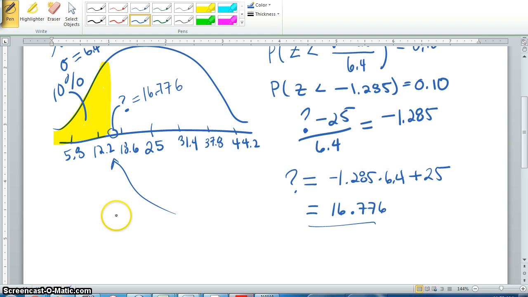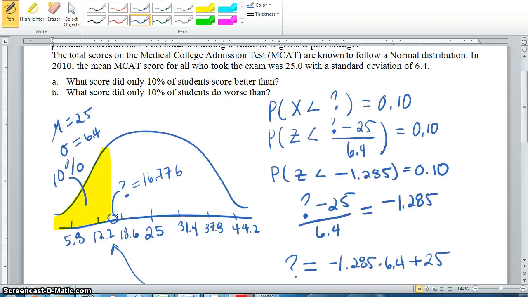So the value makes perfectly good sense with the drawing that I've done. Always make sure that these things match up, as it's easy to switch which percentiles you're using. That's why the visual display will help you get a better understanding of what value you're looking for. So what this means is that 16.776 is the score in which only 10% of students did worse than.